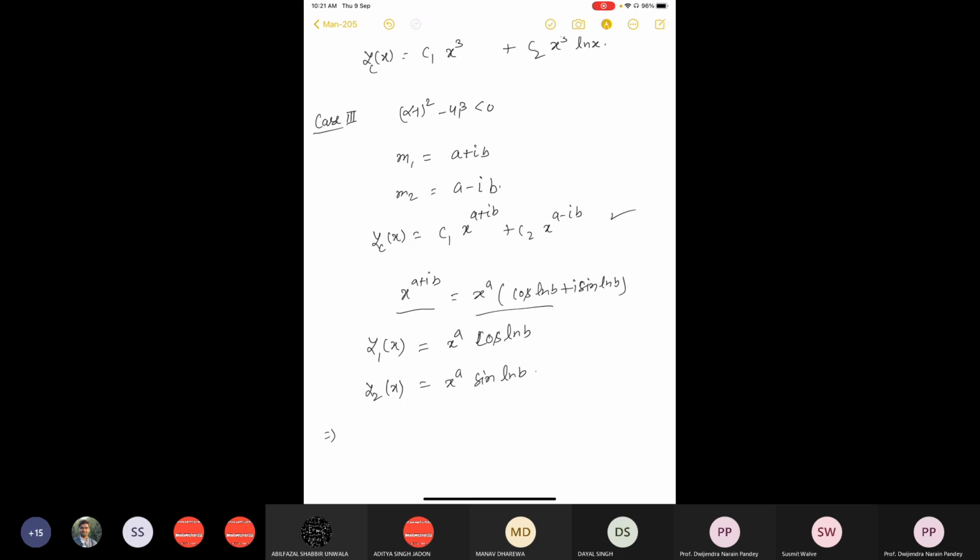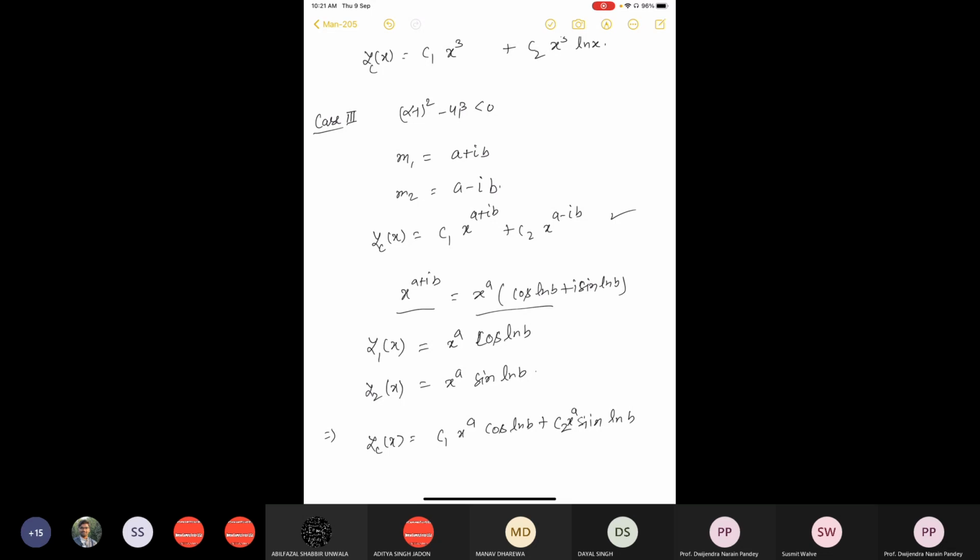So this implies that your y(x) can be written as c1 x to the power a cos of ln b plus c2 x to the power a sine of ln b.